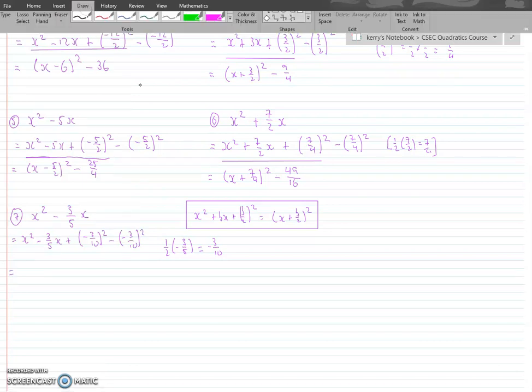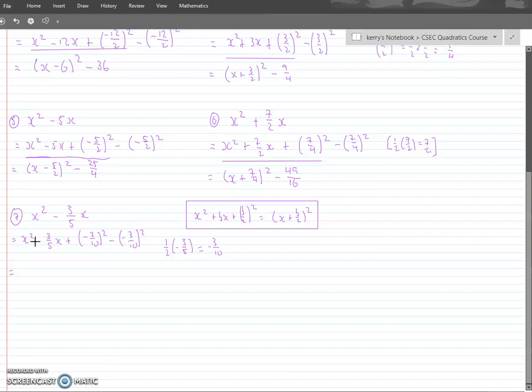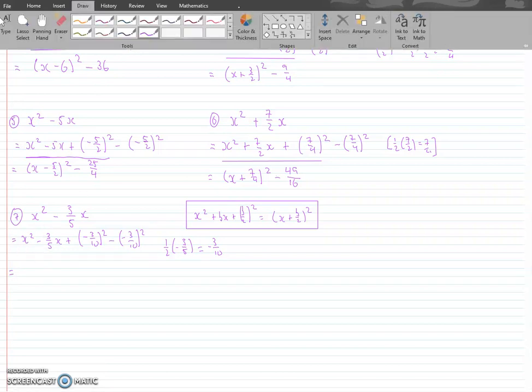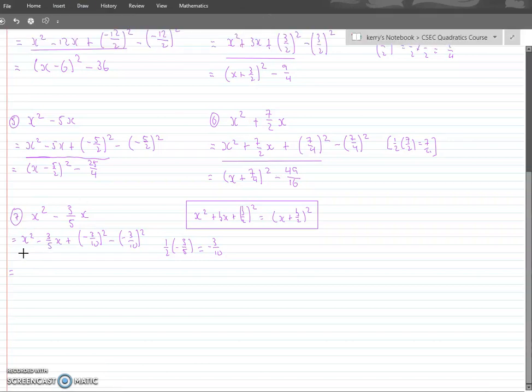Now, according to this formula, the first three terms are the perfect square, x squared plus bx plus b over 2 squared.